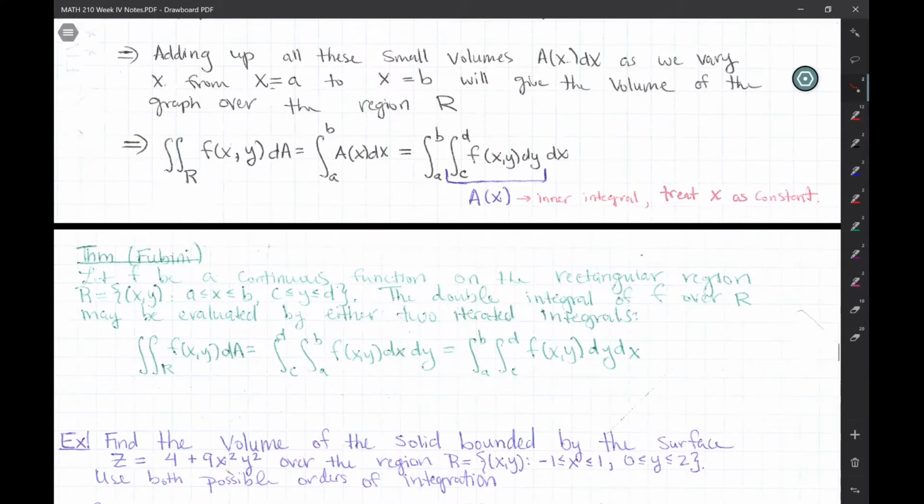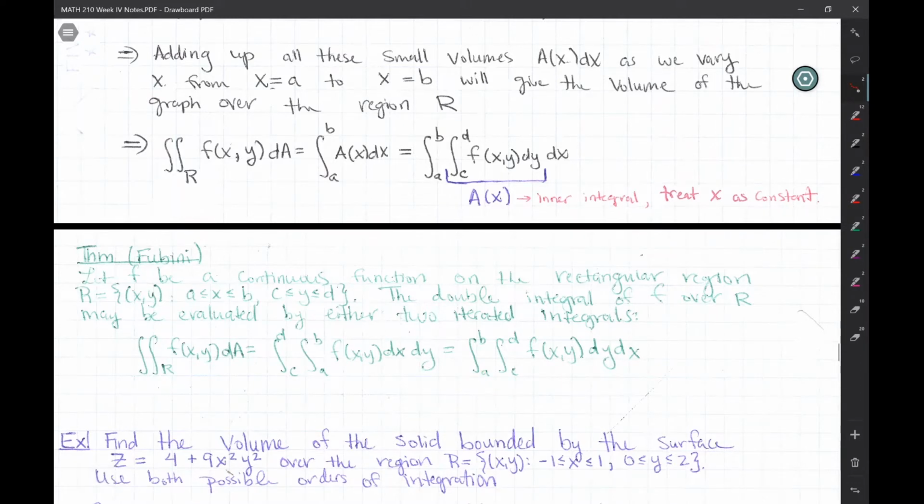Now, pause for 1 second and listen carefully. You cannot switch with impunity, just switching the symbols, when we deal with more general regions, only for rectangular regions. That doesn't mean you can't switch the order of integration when we deal with more general regions. We will switch the order of integration, but it's not as simple as merely moving around these symbols.